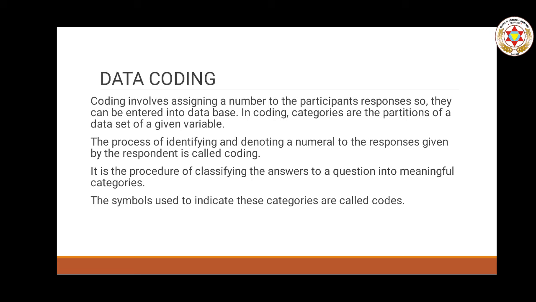The process of identifying and denoting a numeral to the responses given by the respondent is called coding. It is a procedure of classifying the answers to a question into meaningful categories, and the symbols used to indicate these categories are called codes.